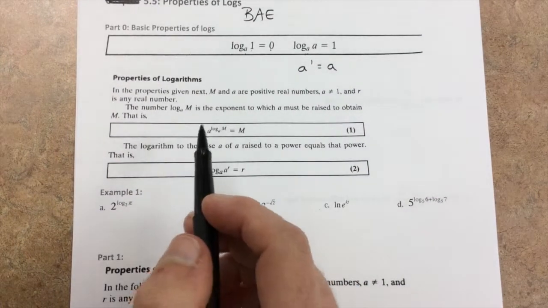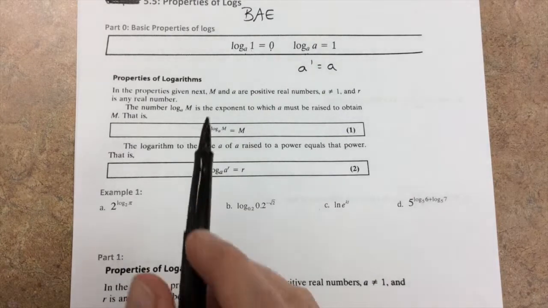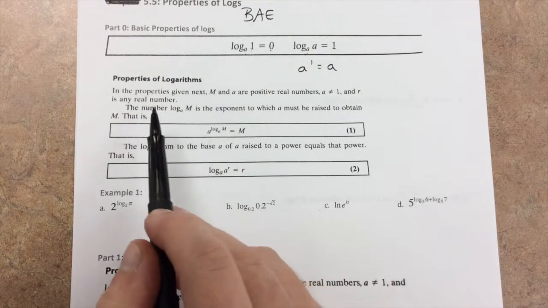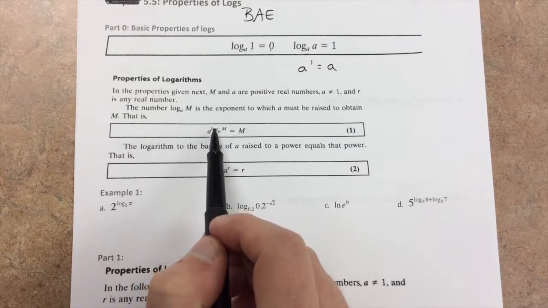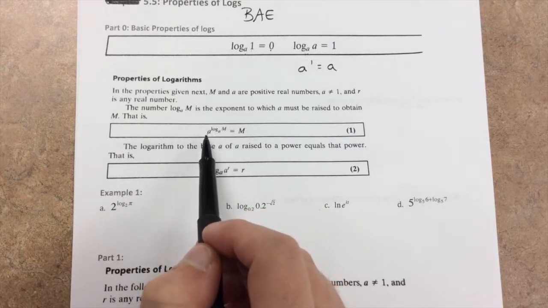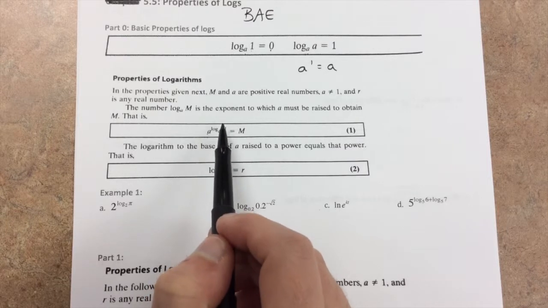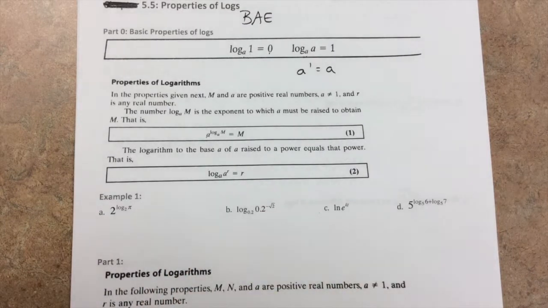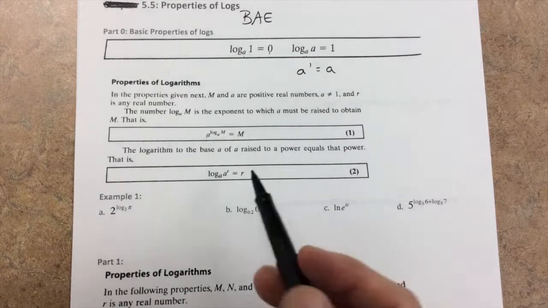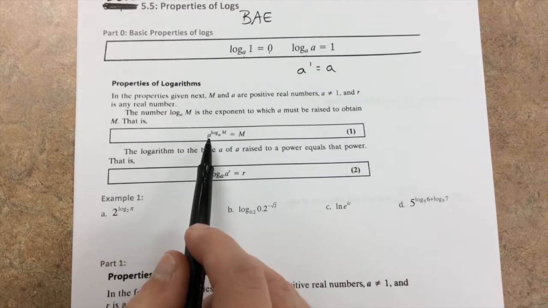So the next two that we're going to add. If you have an exponent that's a log, then these two cancel each other out. So A to the log base A of something, these two cancel each other out and you're just left with that something. Because again, if we wanted to show this, we could always put this in log base form.